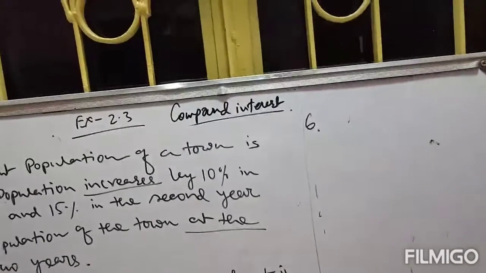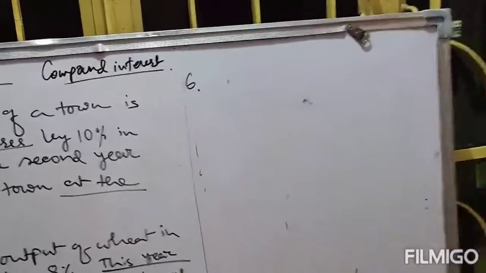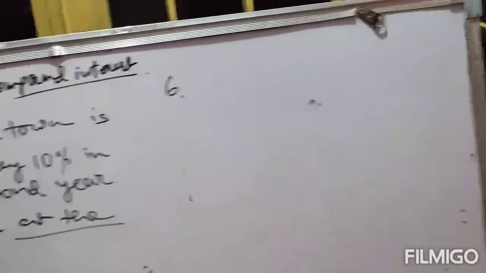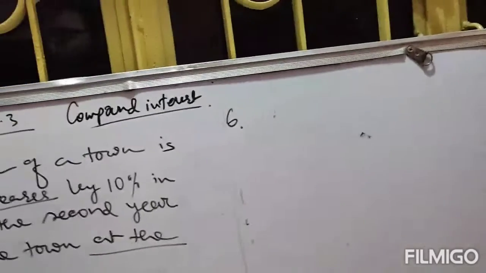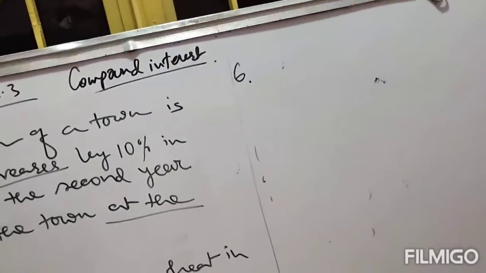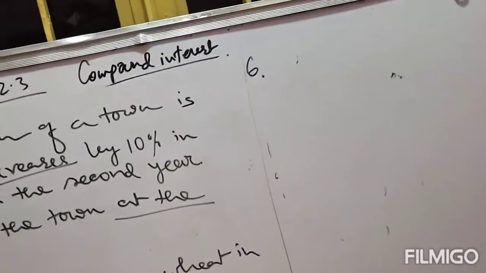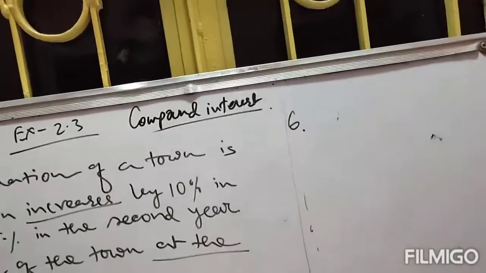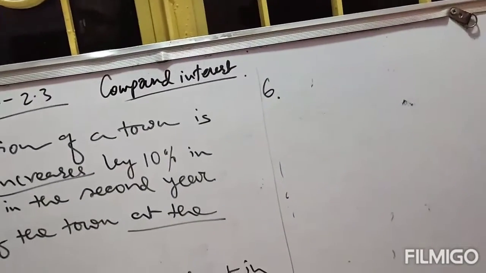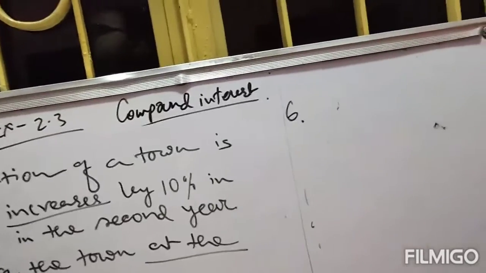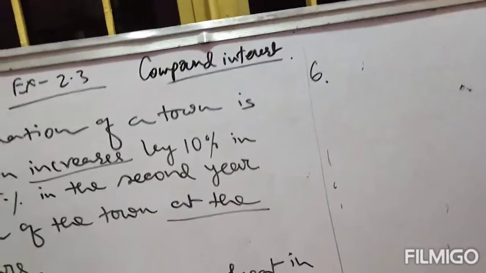In case of after, V naught will be your present population, and in case of before, V will be your present population. That means V and V naught will not be the same in case of growth and after. Just listen to this carefully.